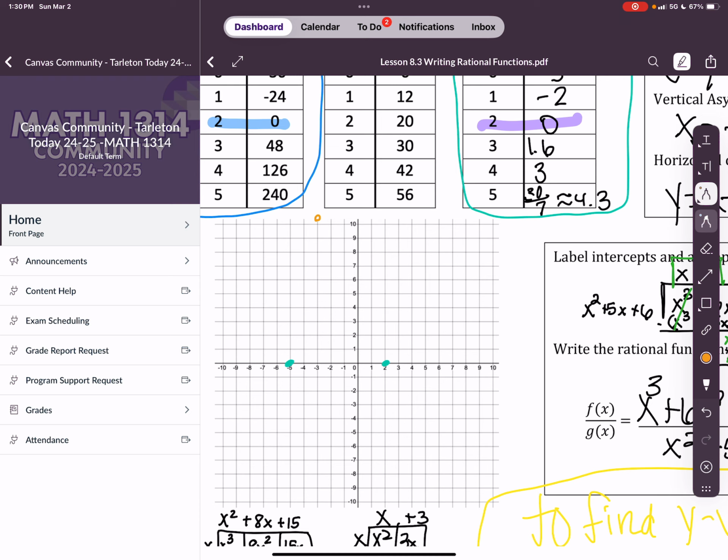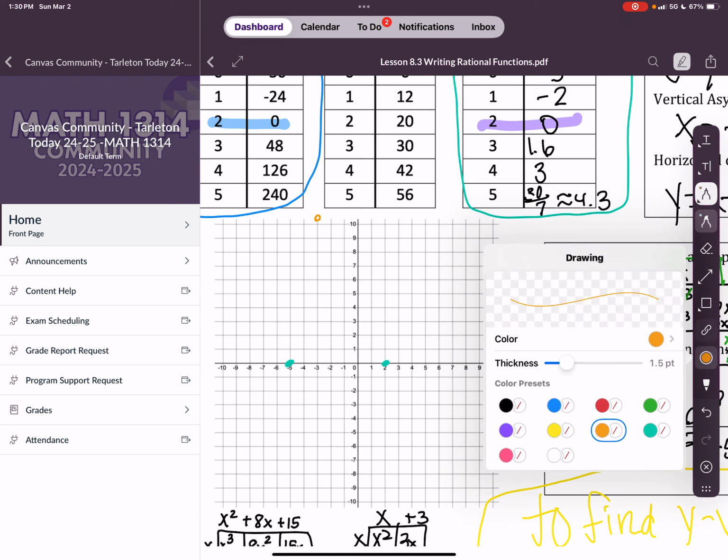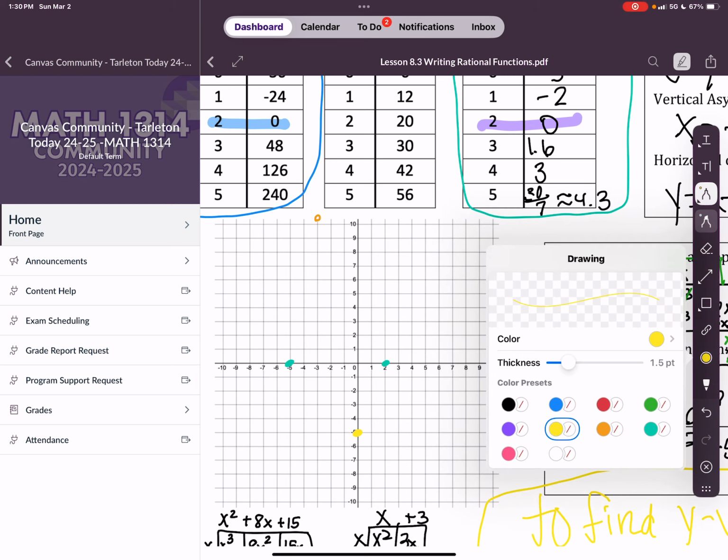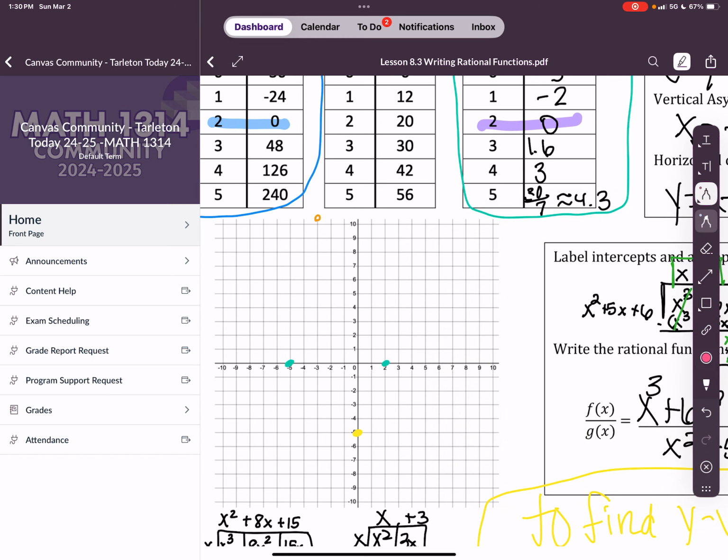I have a y-intercept of 0, negative 5, okay? And then I need to go ahead and put my vertical and my slant asymptotes. So my vertical asymptote was at x equals negative 2.